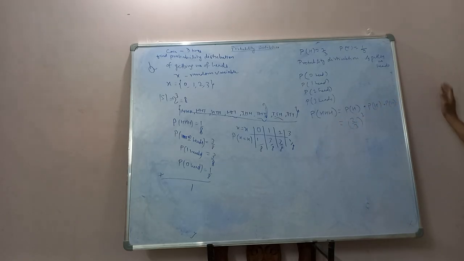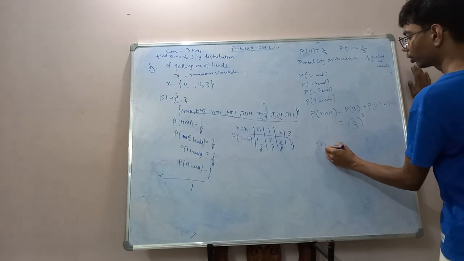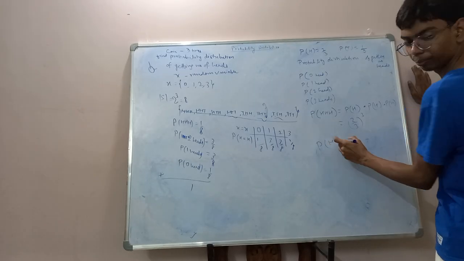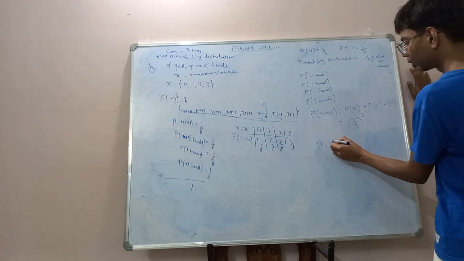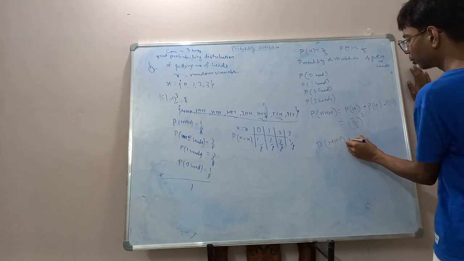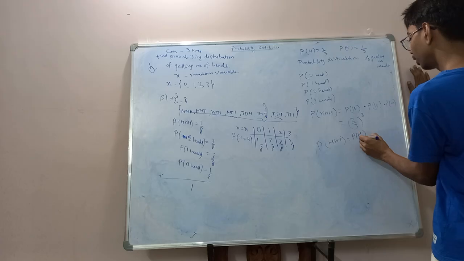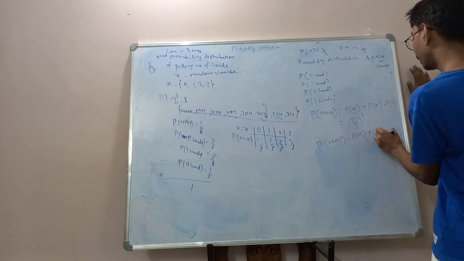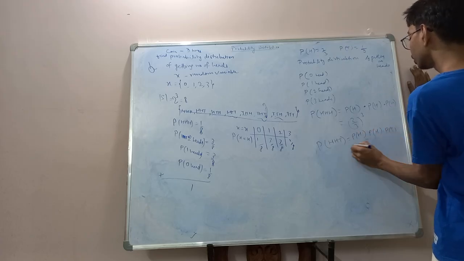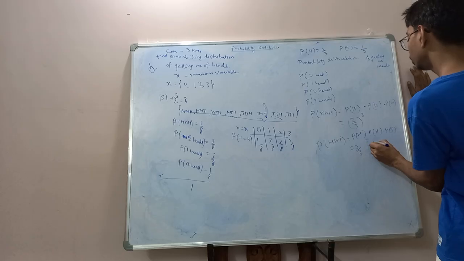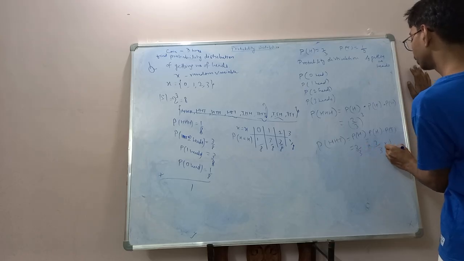Then for 2 heads, HHT will be probability of head times probability of head times probability of tail, so 2 by 3 into 2 by 3 into 1 by 3.